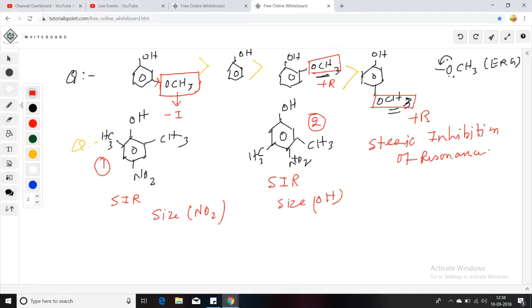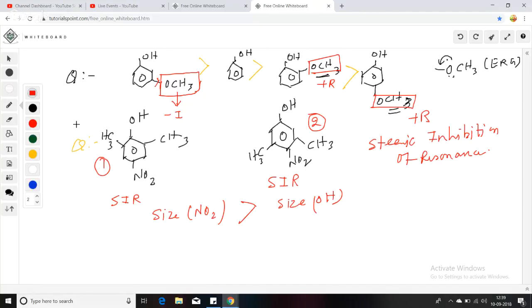This is because of the large size of NO2. NO2 is larger in size than OH, and you have to keep this information in mind. Since compound 2 has more steric inhibition of resonance, the removal of H plus is difficult here, because when you remove H plus, the negative charge must get stabilized through resonance.